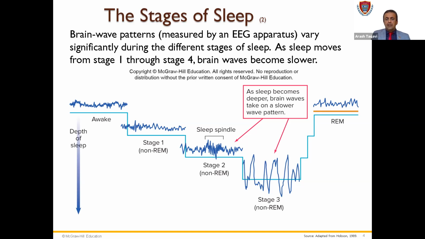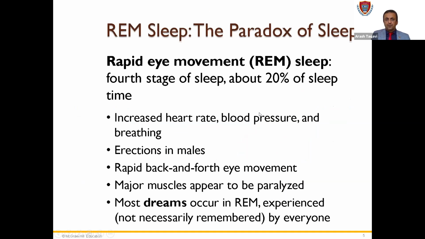Many scientists and professionals working on sleep focus on this stage of sleep. Why? Because much information processing occurs in this part. Rapid eye movement, or REM sleep, takes up about 20% of sleep time.